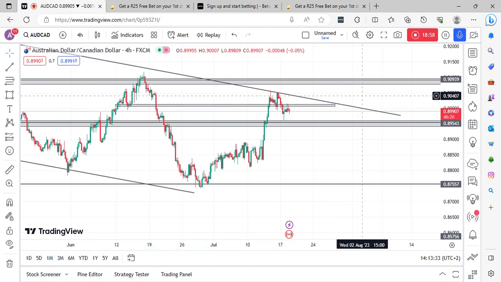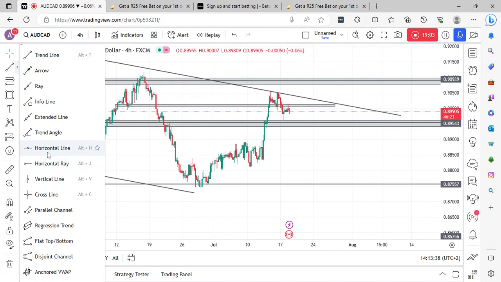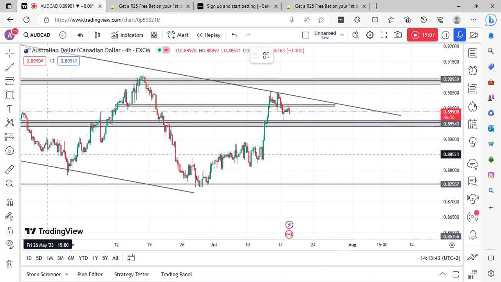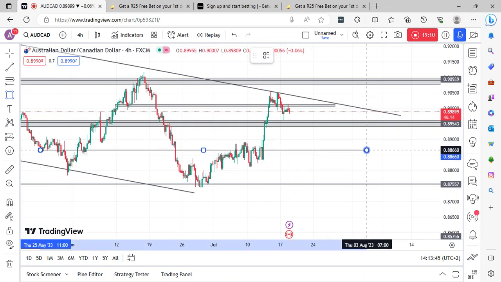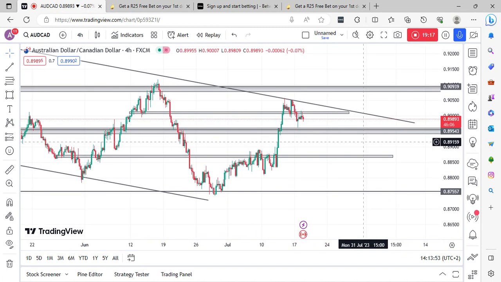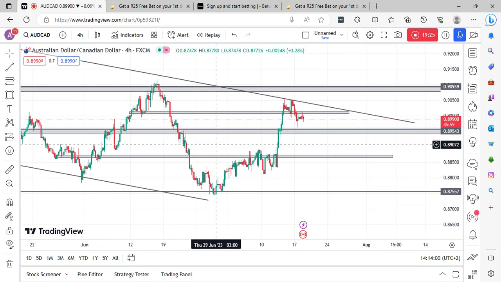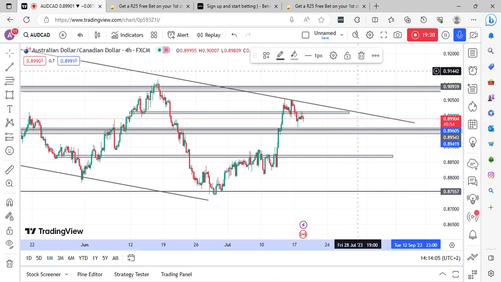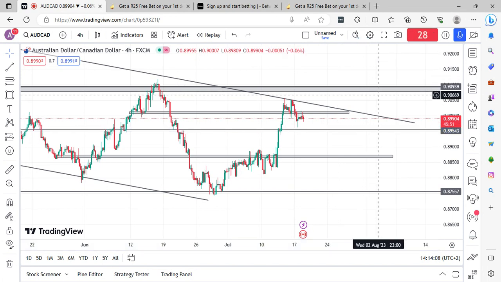As you go down to your lower time frame, you can also put on your horizontal lines. It's an option, but I would prefer doing all of these moves like this. The horizontal lines I put as support or resistance of a higher time frame, but my rectangles, these ones that are put on, are for lower time frames.